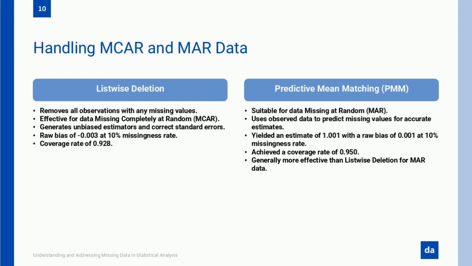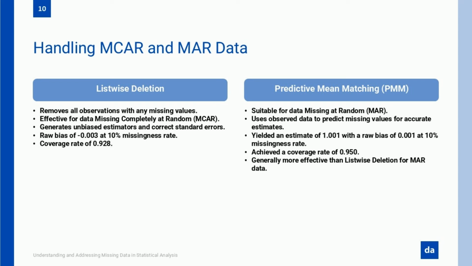But in your case, where some of the missing data might depend on observed patterns, this method might weaken your analysis. Now, let's try a smarter approach, predictive mean matching, PMM. Instead of deleting incomplete customer surveys, PMM looks for similar customers who rated service quality and uses their responses to fill in the gaps.